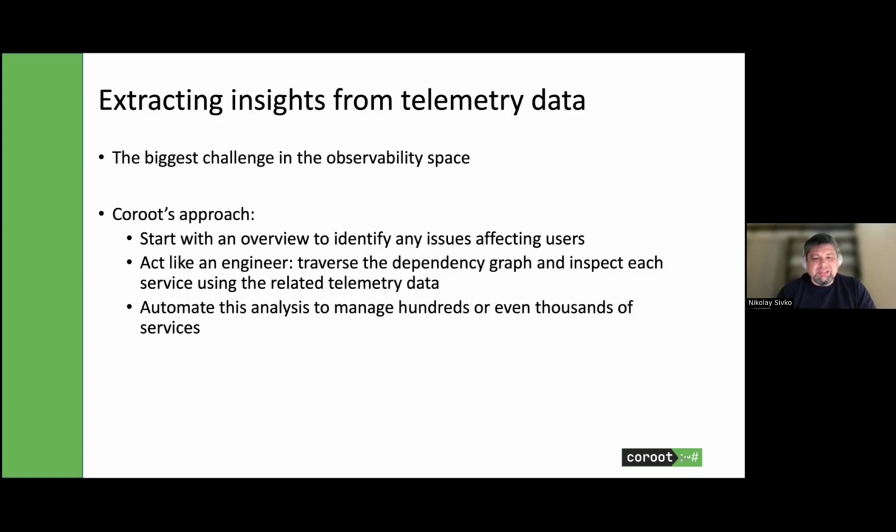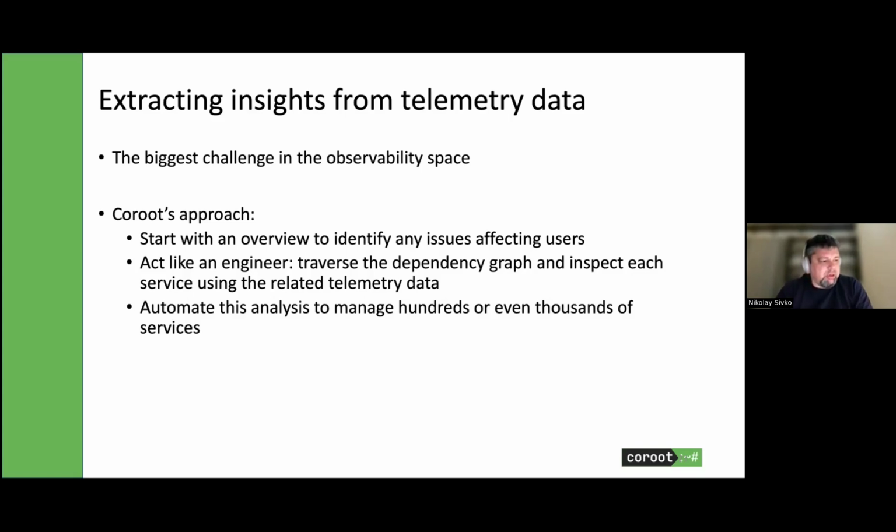But to understand what's happening right now in your infrastructure, you should understand how to query this telemetry data, which signal to use first, and how to go through the application stack to find the root cause.